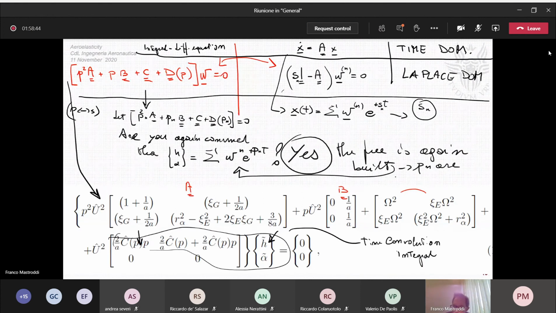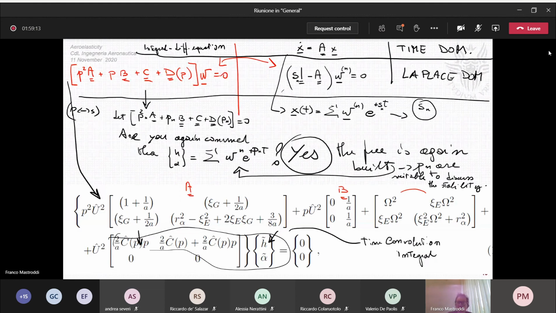Pn are suitable to discuss stability. Okay, if you are in agreement with me on this point, you have understood 80% of an aeroelasticity course. Pn are suitable to discuss the stability.